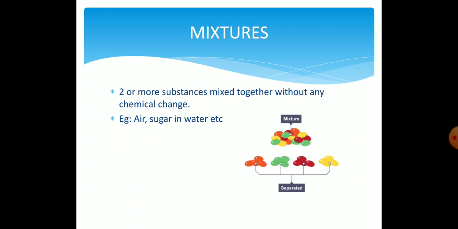Then you can group them color-wise. That is where mixtures come into place. So mixtures, two or more substances combine, but not in a chemical way. Example, add sugar in water, etc.